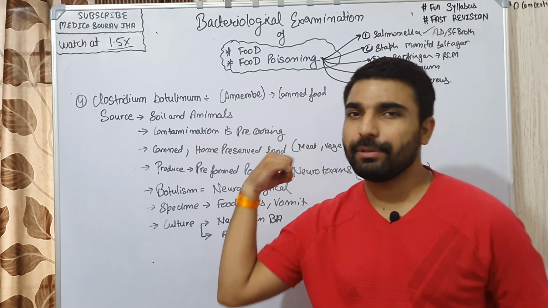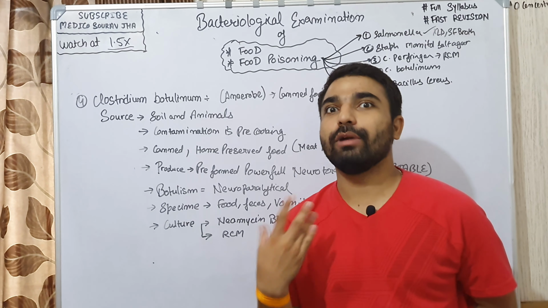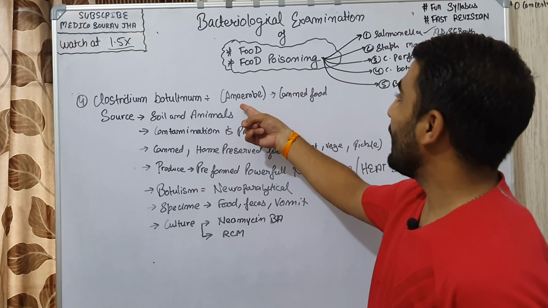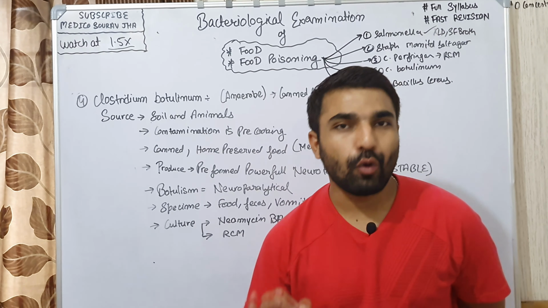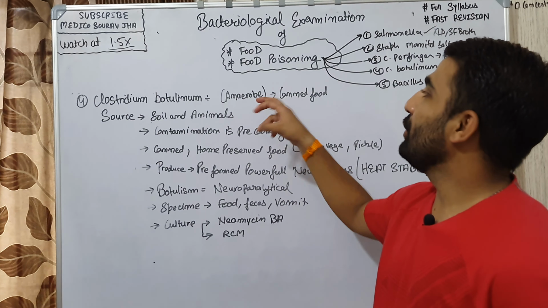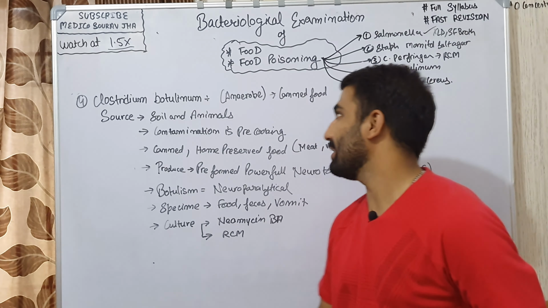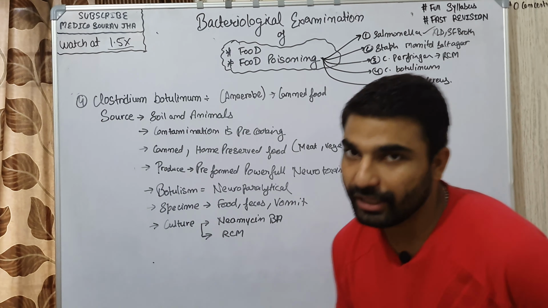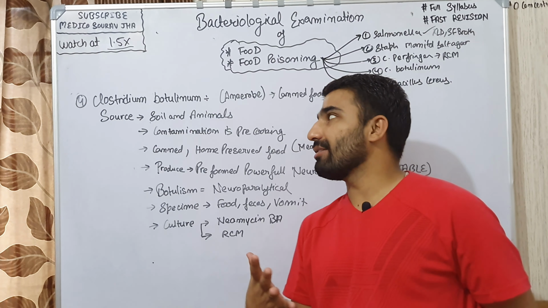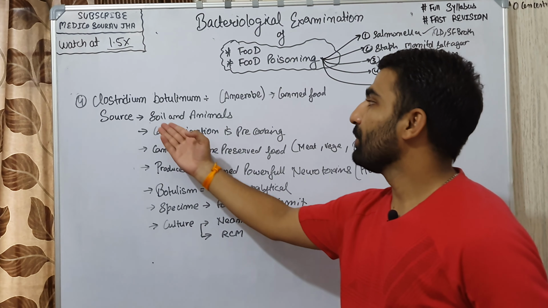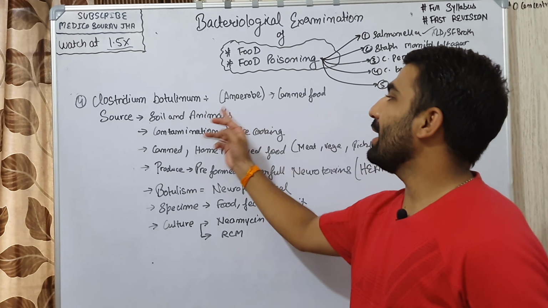It is an anaerobe, which means it can survive without oxygen. Canned food might be a perfect place for it to multiply and survive. Canned food has no oxygen, as all the oxygen will be used by the other bacteria, and it can grow in anaerobic conditions very nicely in canned food. The source can be soil and animal.